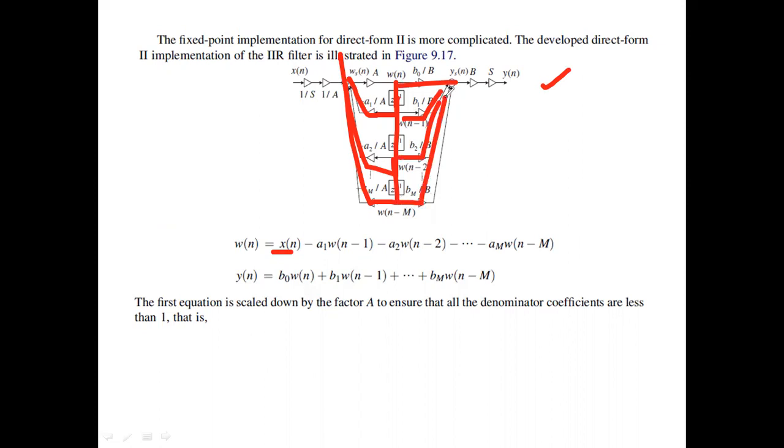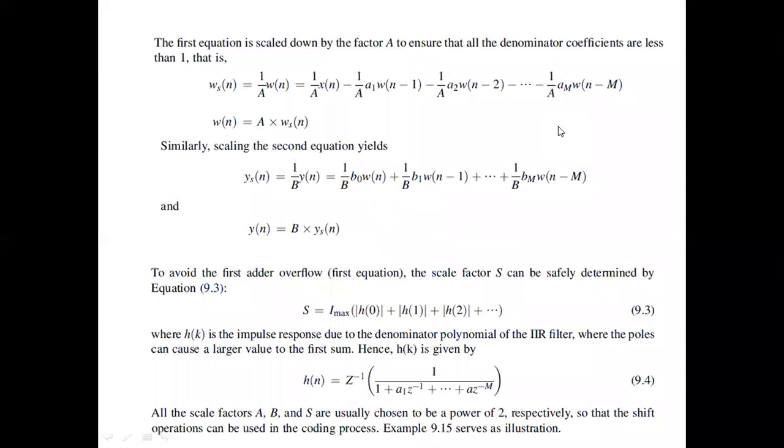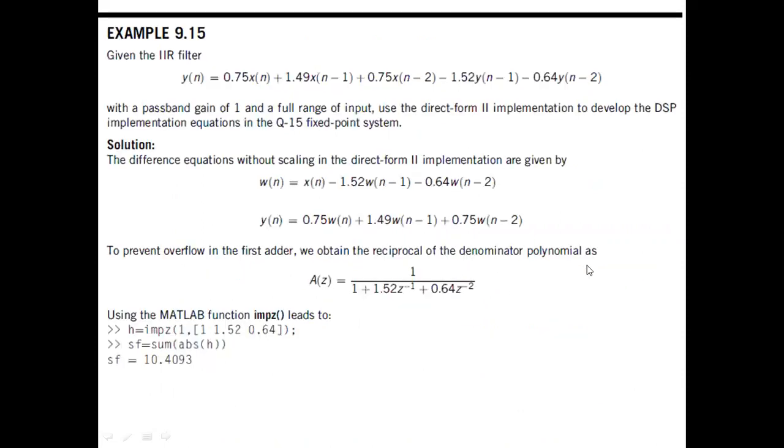So let us see the kind of treatment that we have here. We are treating this equation in a different manner to find the scaling factor, and for this expression we will have a separate approach to find the scaling factor. Let us observe carefully. For the first expression, including the feedback path with the x of n term, we will find the impulse response, the transfer function A of z.